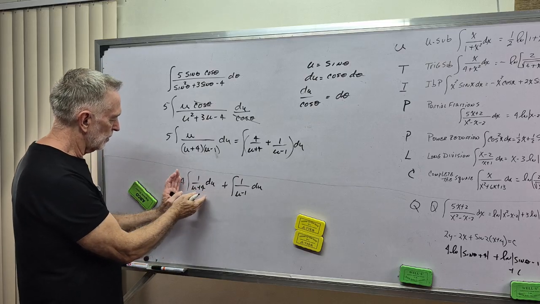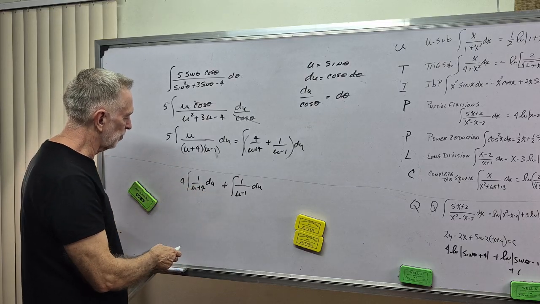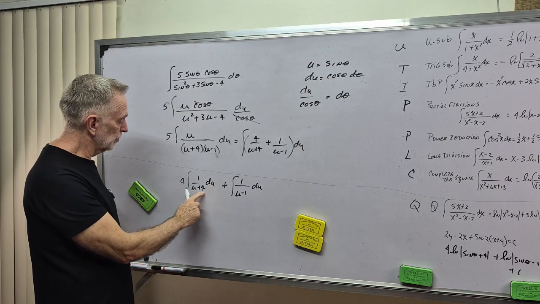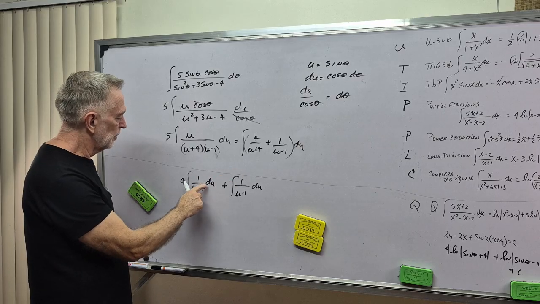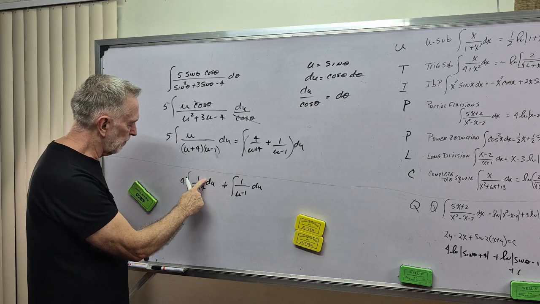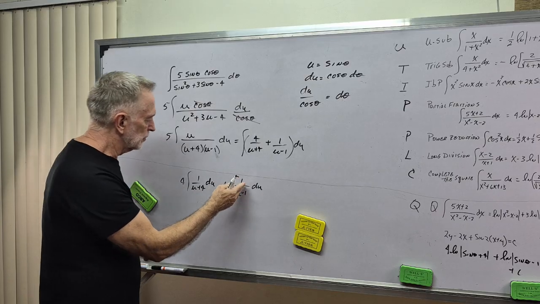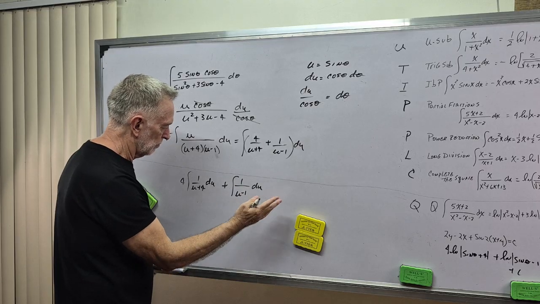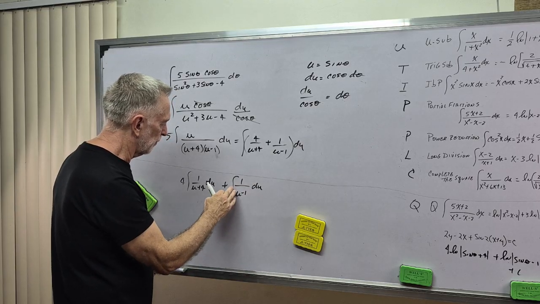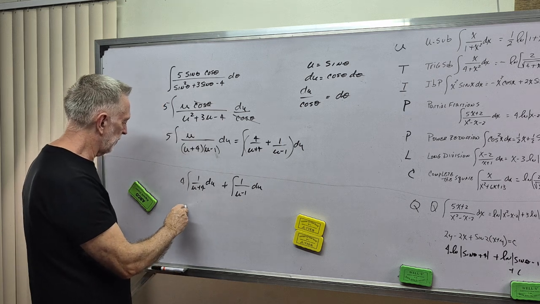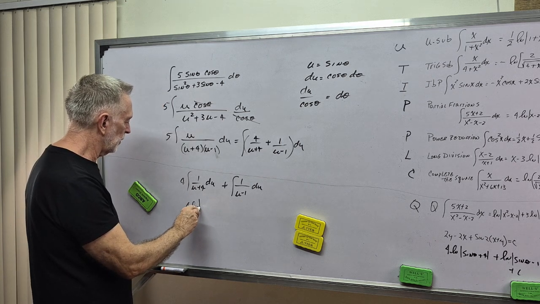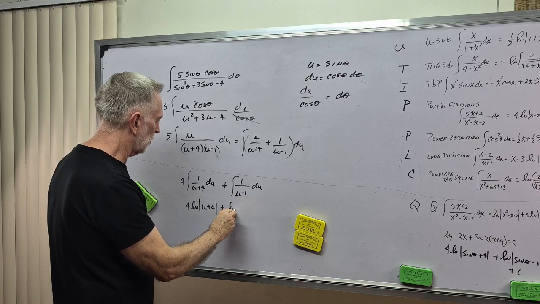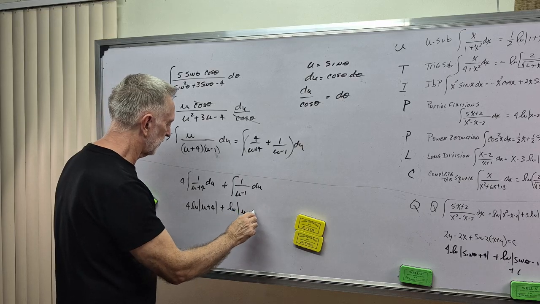This is a natural log. 4 times the natural log of u plus 4, because the derivative of u plus 4 is du, because the derivative of a constant is 0. That's the integral of the derivative of the function over the function. Same situation here: the derivative of u minus 1 is du, so du over u. So here I have 4 natural log of u plus 4 plus natural log of u minus 1.